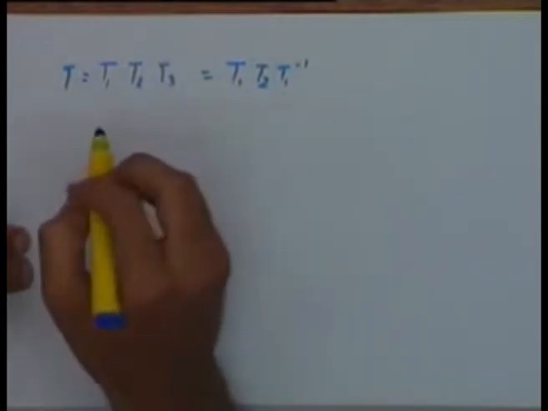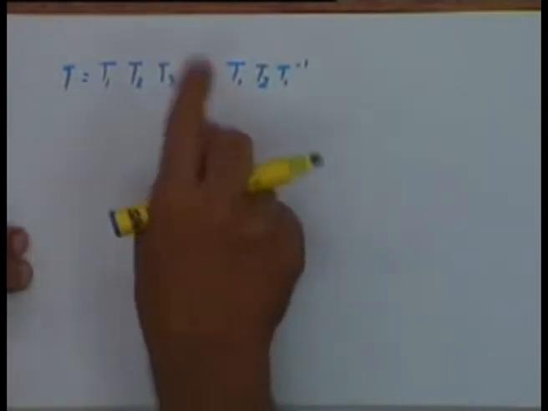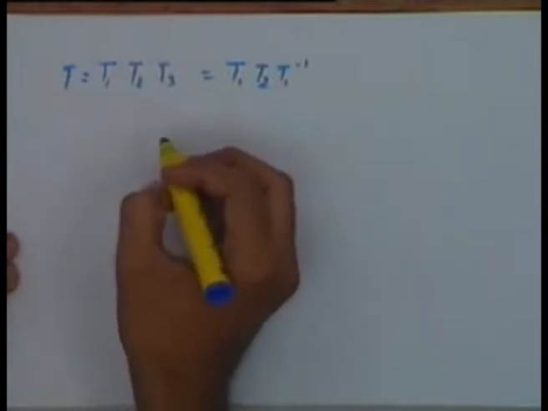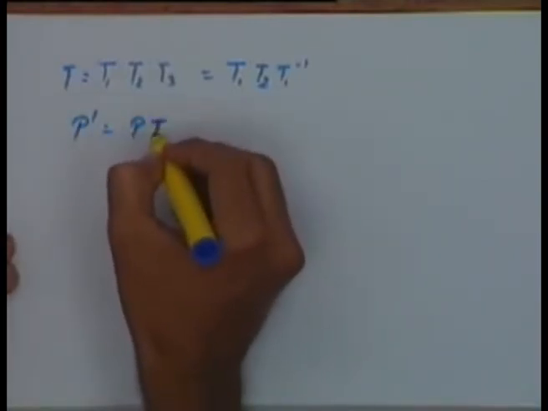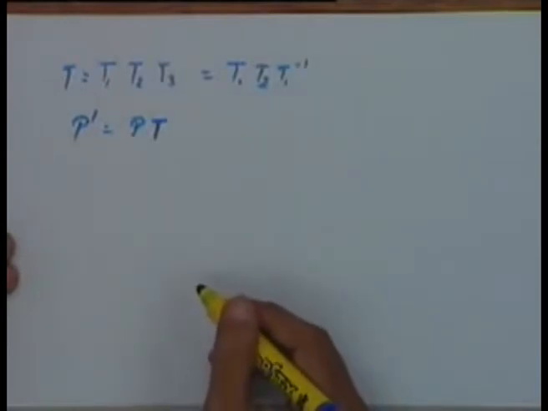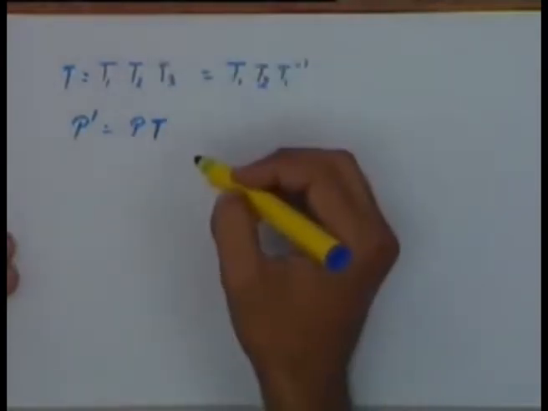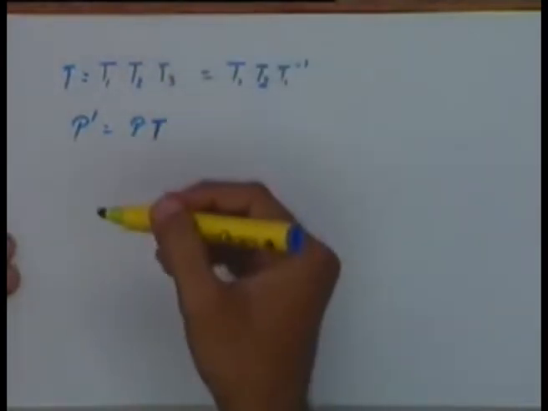Now if you want to rotate any arbitrary point xy about the point AB, all that we need to do is P prime will be equal to P times T. Is that okay? So this way we can combine any sets of transformations into a single transformation.